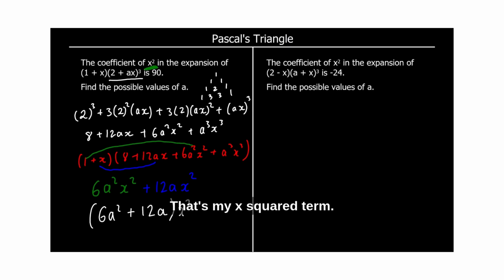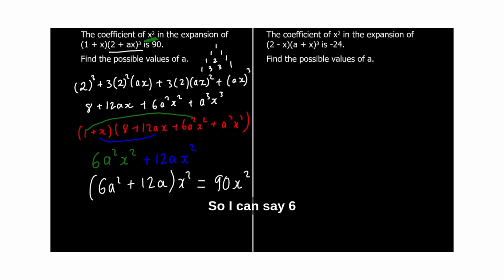So that must be equal to 90x squared. So I can say that 6a squared plus 12a must be 90. So 6a squared plus 12a is equal to 90.